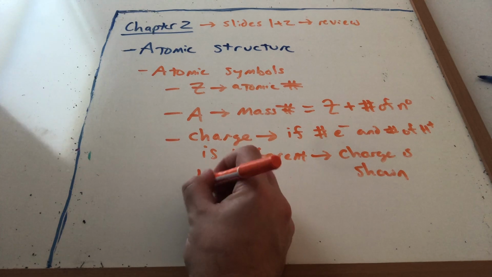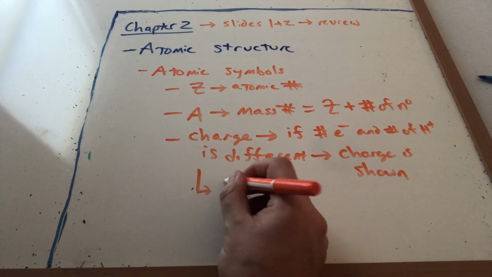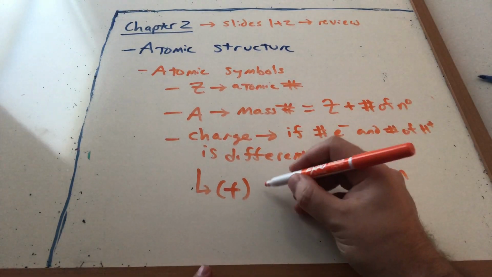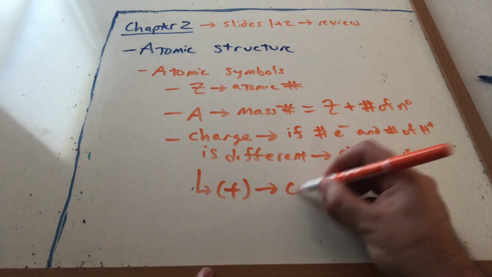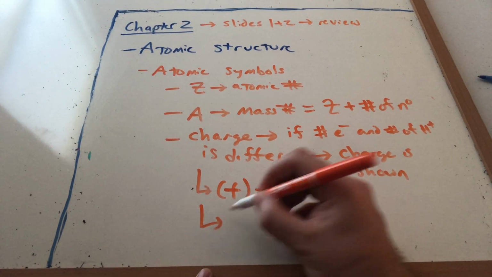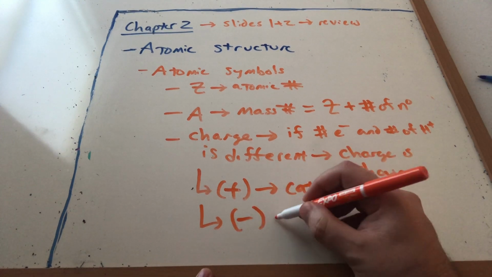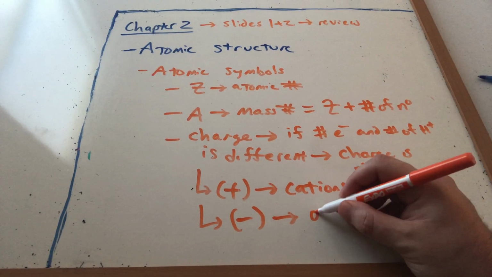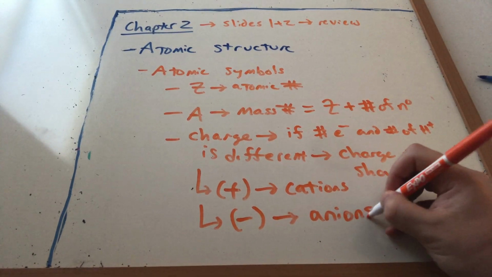If there are more protons than electrons, the charge of the whole entire atom, the whole entire element, will be positive. Positive ions we call cations. If there are more electrons than protons, then we'll get a negative ion. And negative ions are known as anions.